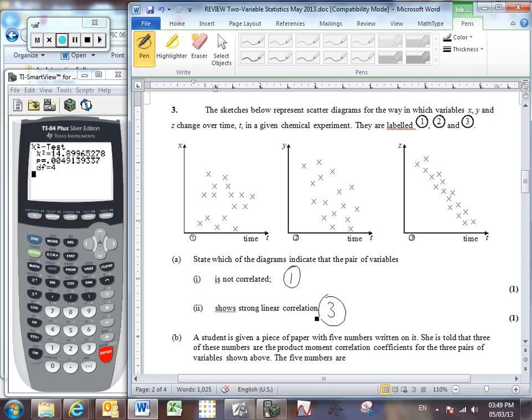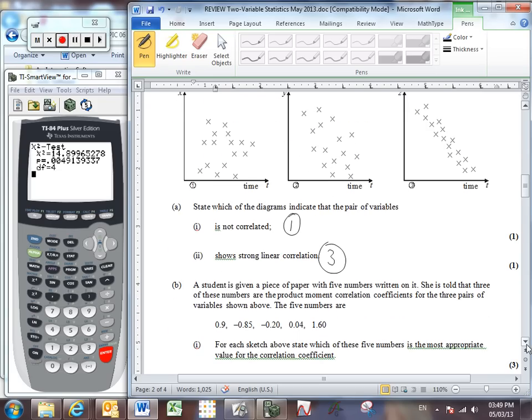A student is given a piece of paper with 5 numbers written on it. She is told that 3 of these numbers are the product moment correlation coefficients for the 3 pairs of variables shown above. So let's have a look at those 5 numbers. For each sketch above, state which of these 5 numbers is the most appropriate value for the correlation coefficient.